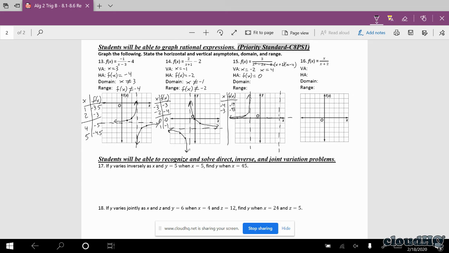To the right of -2, I could try like -1, get -0.6, could try 0, give me -0.38. I'll just go 1, 2, 3, I'll just get them all. -0.33, -0.38, and -0.6. It's kind of symmetric there.